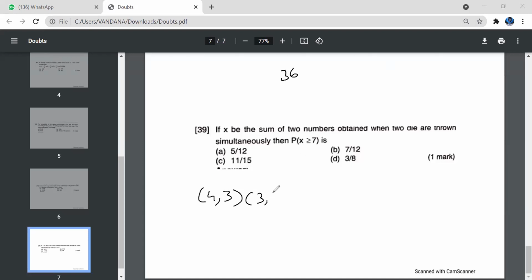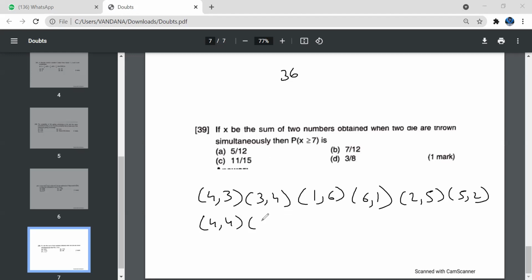4 3, 3 4, 1 6, 6 1, but greater than equal to, so 7 will also be considered. Okay, 2 5, 5 2. This is addition is 7. Then addition is 8 कसा येईल? 4 4, 3 5, 5 3, 6 2, 2 6.